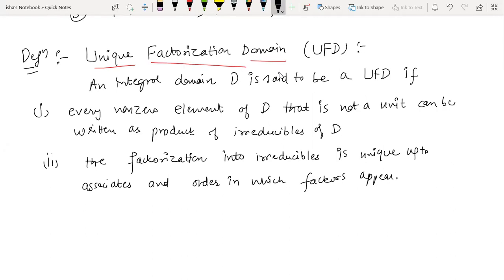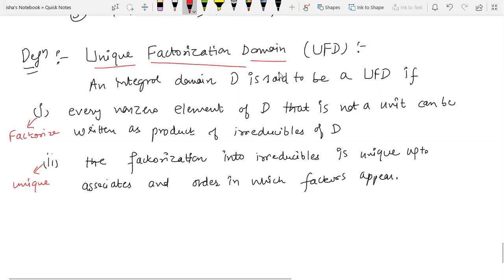The first part says that you are able to factorize every non-zero non-unit element, that is, every non-zero non-unit element can be written as a product of irreducibles, and the second part tells you that this factorization is unique up to associates and the order in which factors appear. I will explain the meaning of uniqueness up to associates.